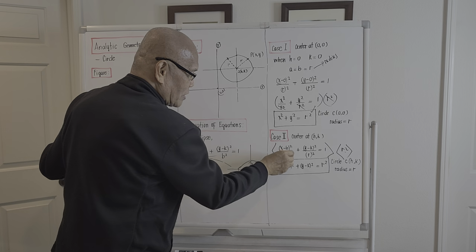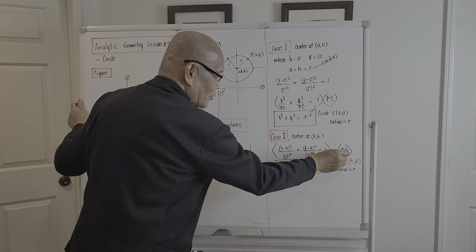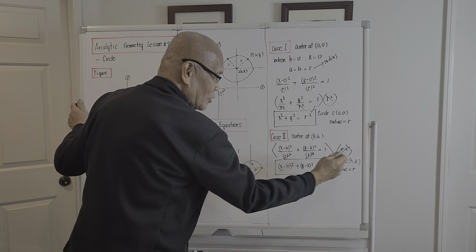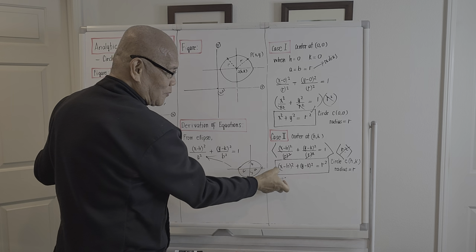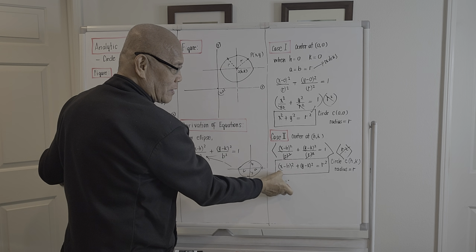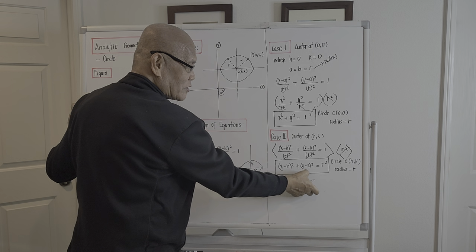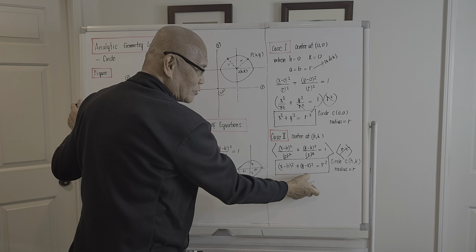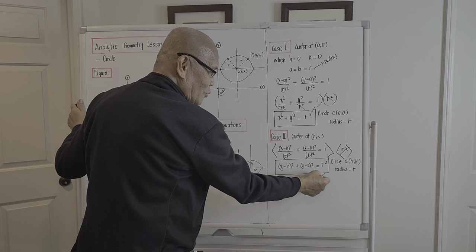Right? So this r squared cancels with this. Okay? So the left hand side will just be simply x minus h quantity squared plus y minus k quantity squared, and they should be equal to 1 times r squared, which is r squared.